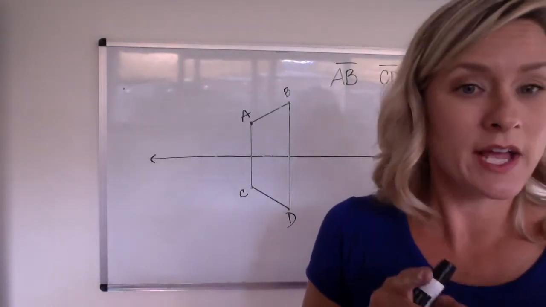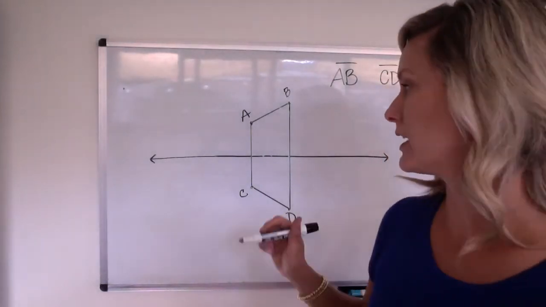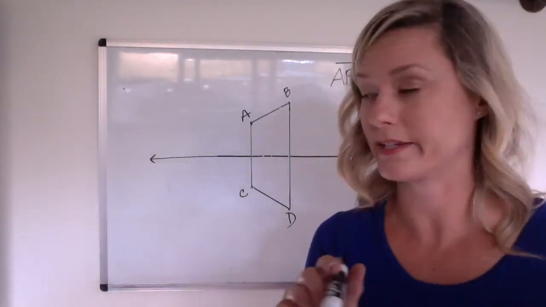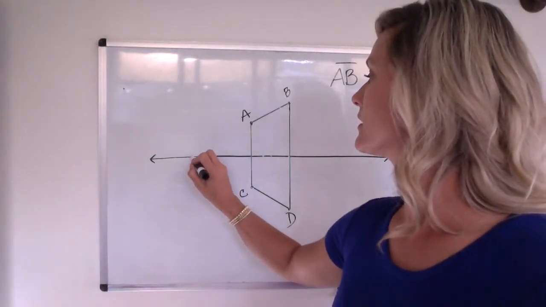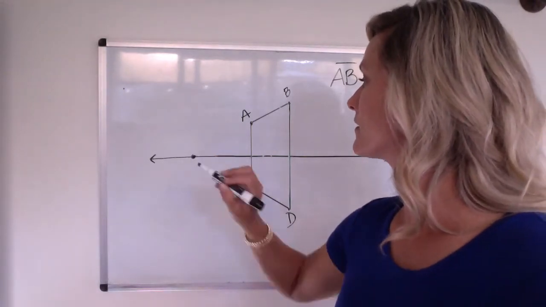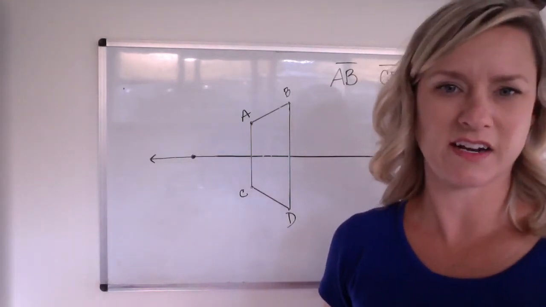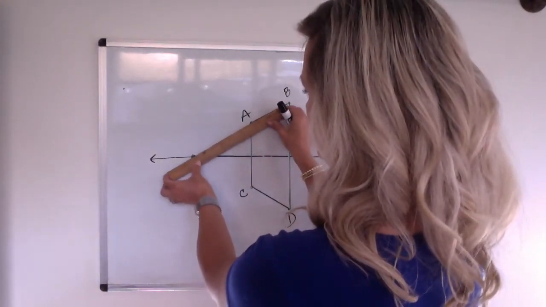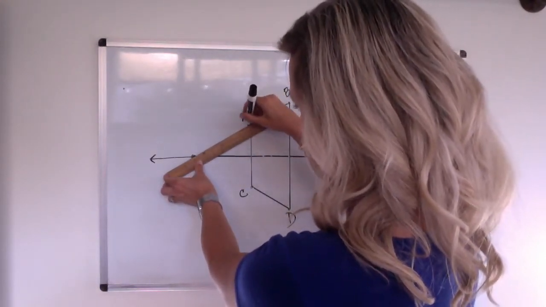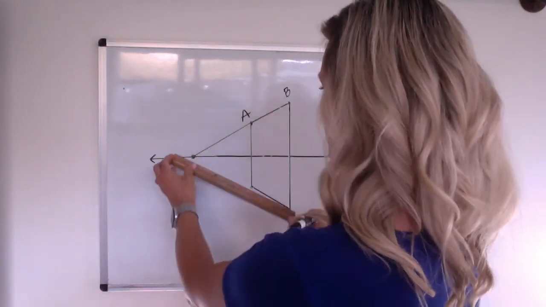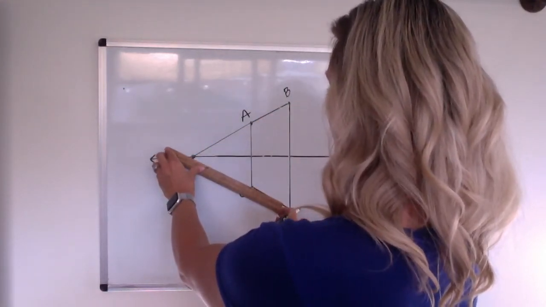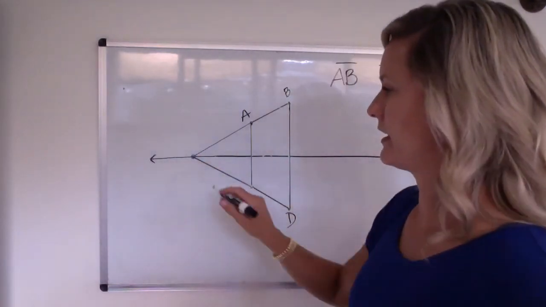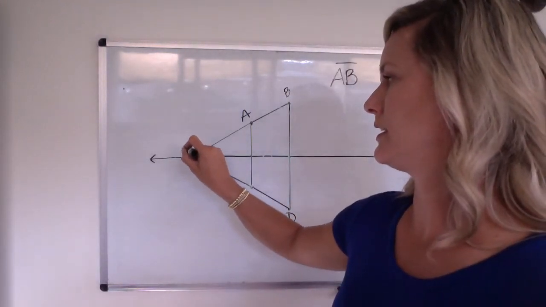All right, check this out. Let's put on another point. I think it's kind of fun to just add on to shapes. So I'm going to connect these points, and why don't I call this E?